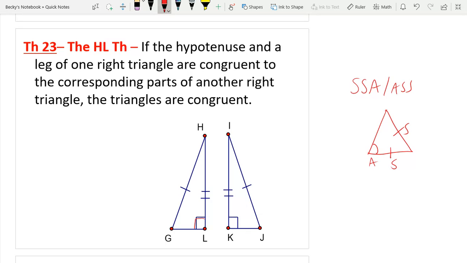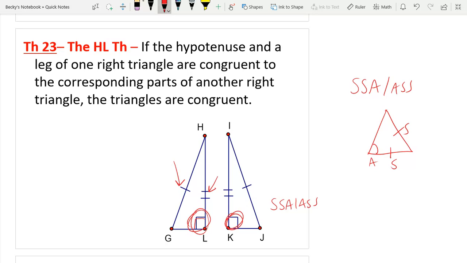You have two angles, or two sides. Put a finger here, put a finger here. Is the angle in between them? No. Where's the angle? The angle is around the corner. So this is technically side, side, angle, or angle, side, side, but there's a catch. What kind of angle is it? This is a right angle.